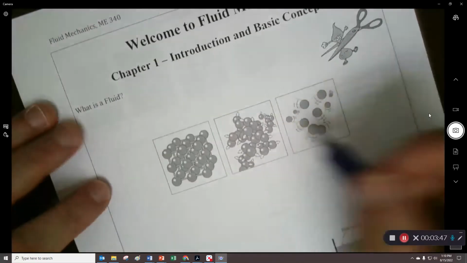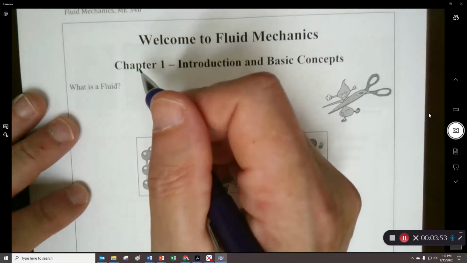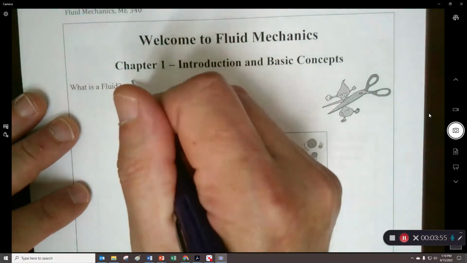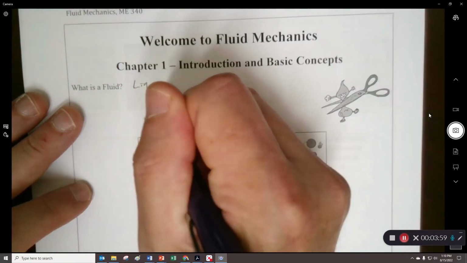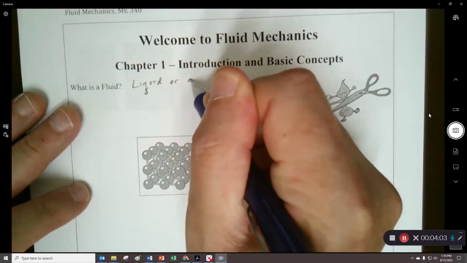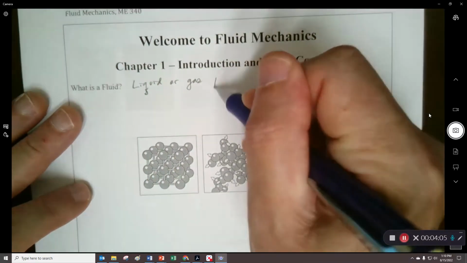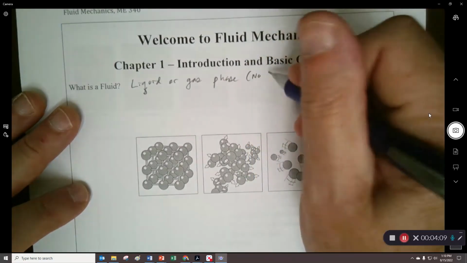So just as an interesting, basic question: what is a fluid? I think it's easiest to say what it's not, right? A fluid is either the liquid or gas phase, but what we know it's not is the solid phase.